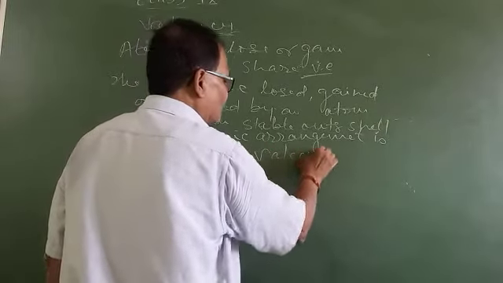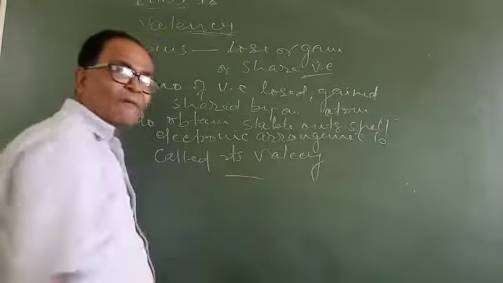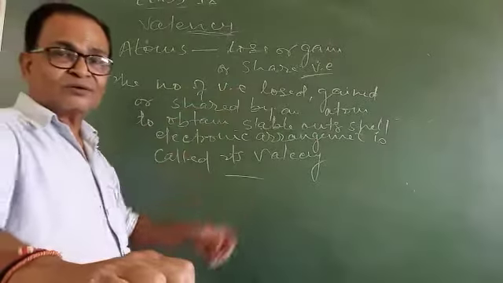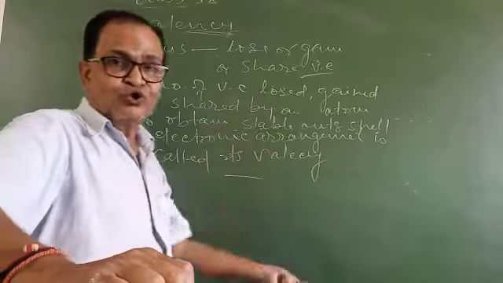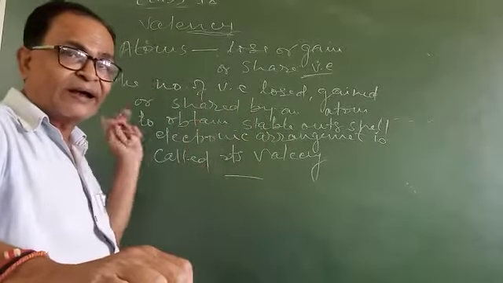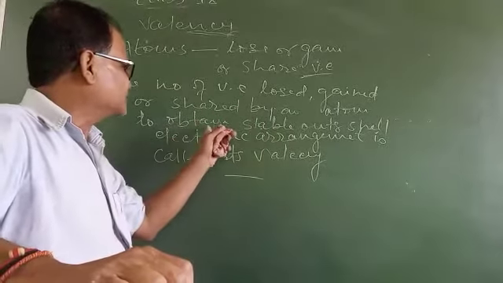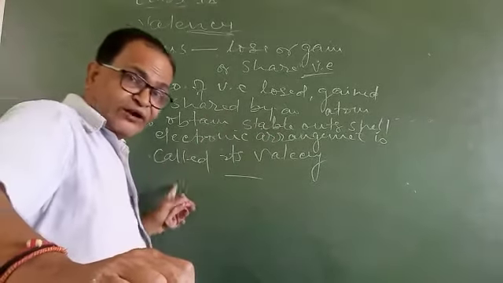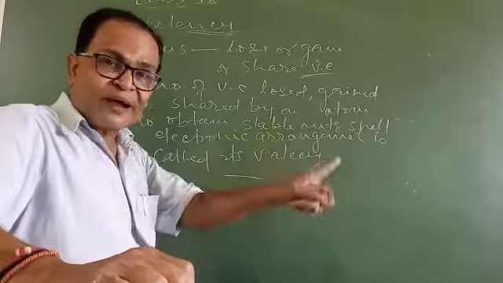This is the modern concept of valency. The number of valence electrons lost or gained or shared by an atom to acquire the stable outermost electronic arrangement is called valency.